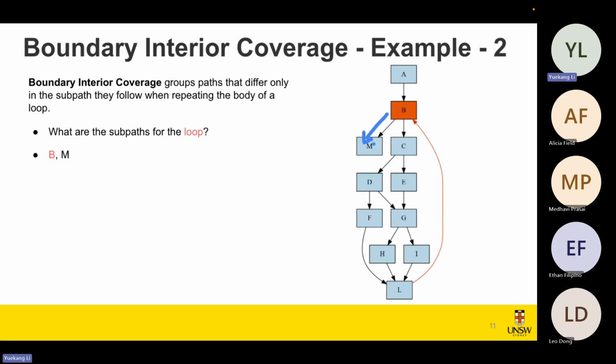BM is the first one, and if M is not an exit of the program, then we can consider BM as a subpath of the loop, which means that we are looping 0 times. So we just get out of the loop directly. Let's systematically get all the subpaths. This is another potential subpath, right? And this is the third.